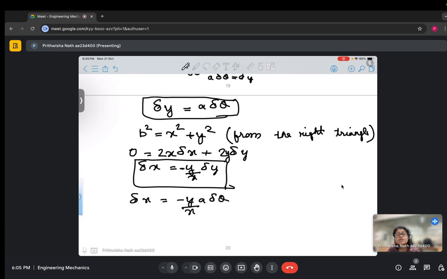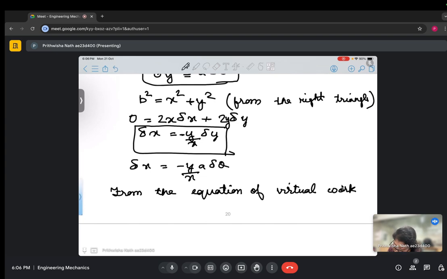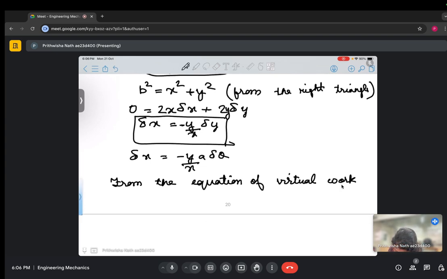So from the equation of virtual work, what can we write? M delta theta plus P delta x equal to 0, right?